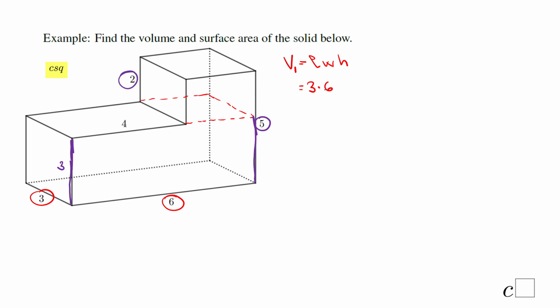So 3 times 6 times this 3, just to be sure. And that volume will be 3 times 6, 18, times 3, 54 cubic units. But let's move to the next shape.